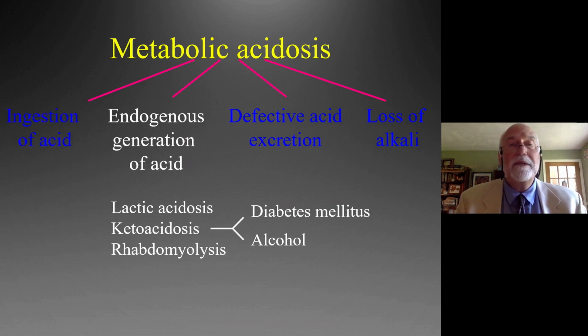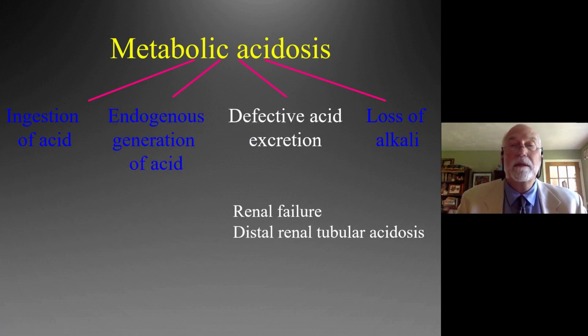What about generating endogenous acids? Well, commonly, and we often encounter in our clinical practice, lactic acidosis from a host of potential etiologies. Ketoacidosis, typically associated with diabetes or alcohol, and rhabdo, which is most commonly associated with some lactic acidosis. So defective acid excretion.